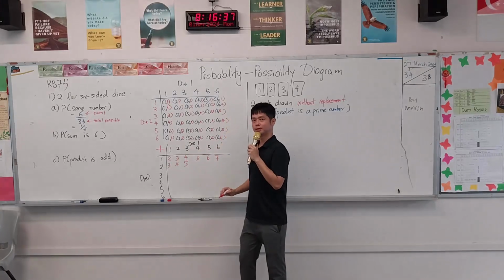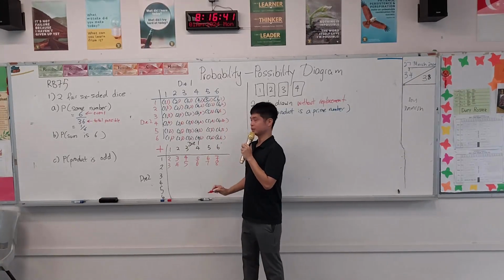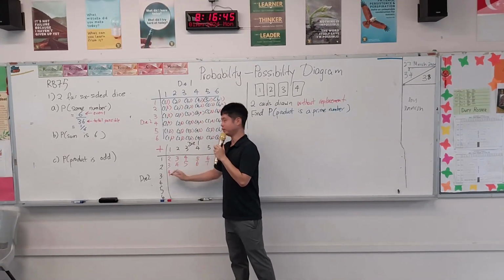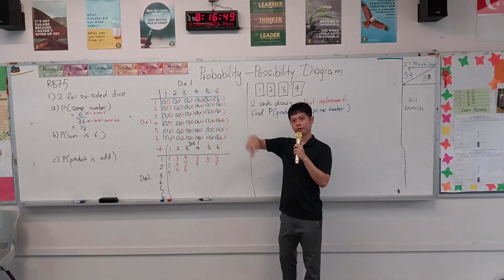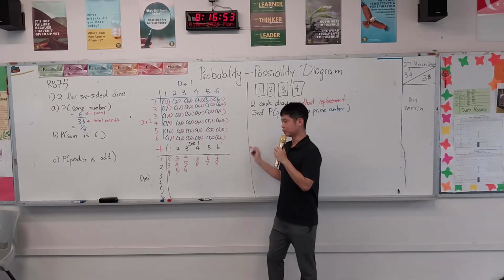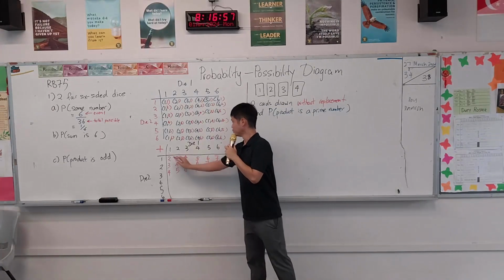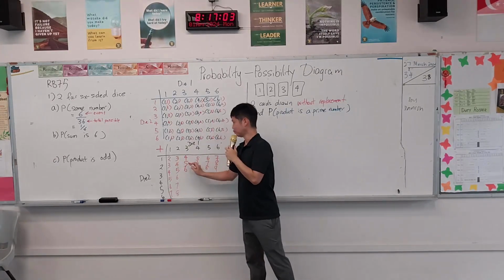You see a pattern: 3, 4, 5, 6, 7, 8. 1 plus 3, 2 plus 3, 3 plus 3. Now you can see a pattern both vertically and horizontally. So you just follow the pattern. 4, 5, 6, 7, 8, 9, 2, 3, 4, 5, 6, 7.